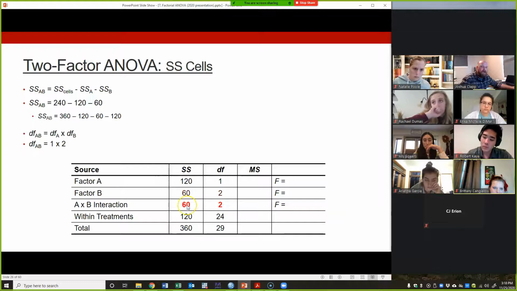So for my interaction, I've got a sum of squares of 60. My degrees of freedom, 1 times 2, is 2. Got that there. And now we've gone through and filled in my sum of squares variance components for each one of these different effects.